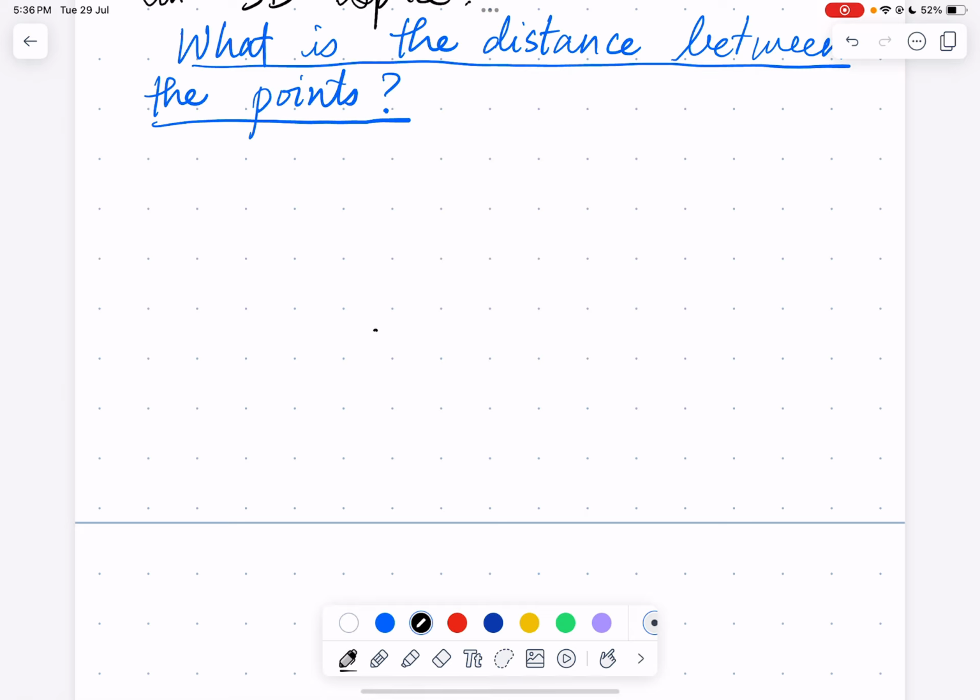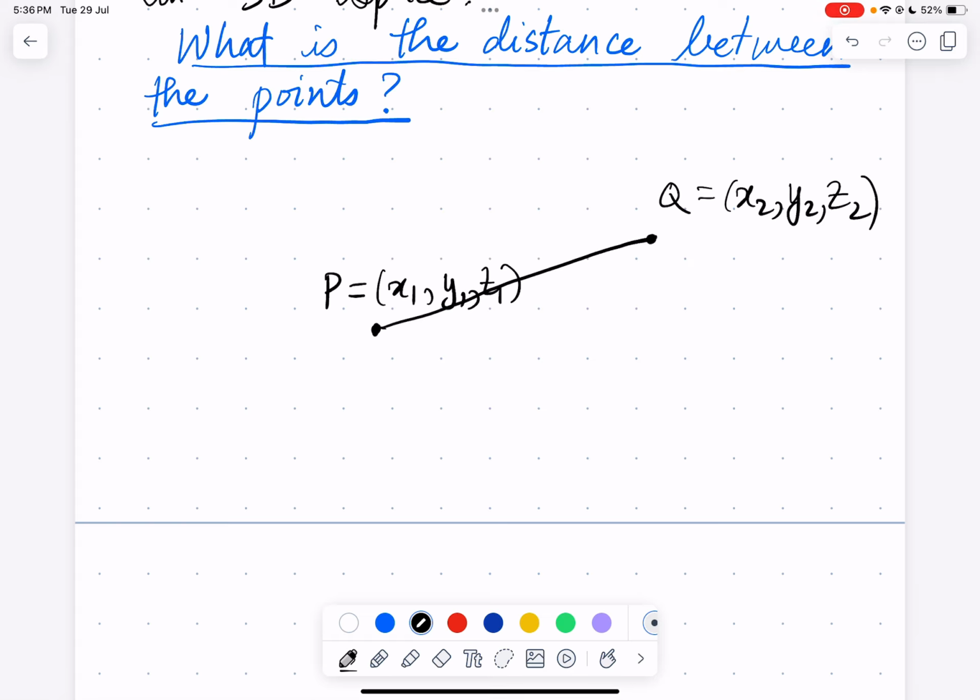It's hard to visualize them in three-dimensional space. Okay, so this is one point P equals (x1, y1, z1), and this is another point Q equals (x2, y2, z2). So we are interested in the distance between these 2 points.